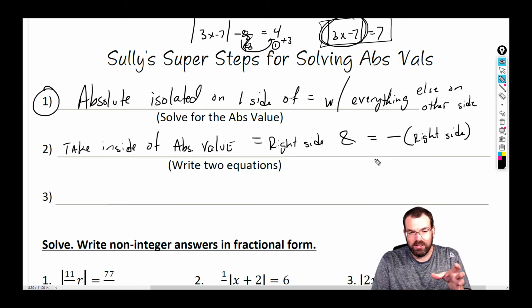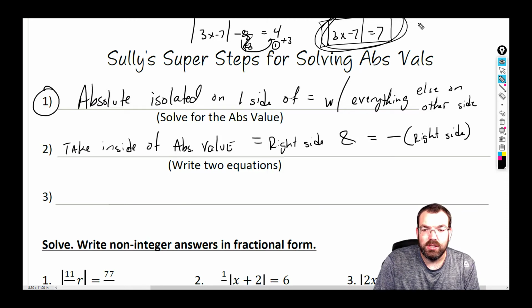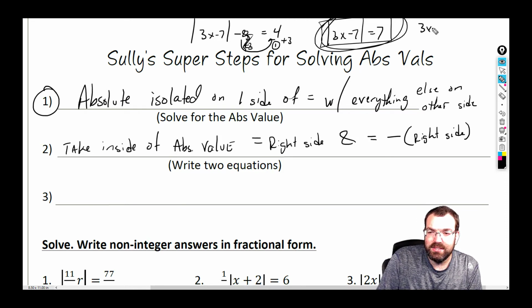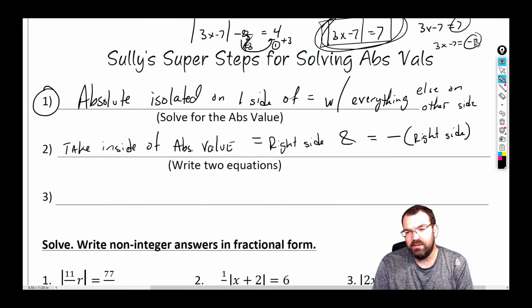Now, that's a little confusing, but here we go. We kind of did that example above. Because I have the absolute value of 3x minus 7 is equal to 7, this is the isolation I was talking about. Once I have that isolation, I take the inside of my absolute value bars, equal it to the right side. Then I also take the inside and equal it to the negative of the right side. So one's positive, one is negative.